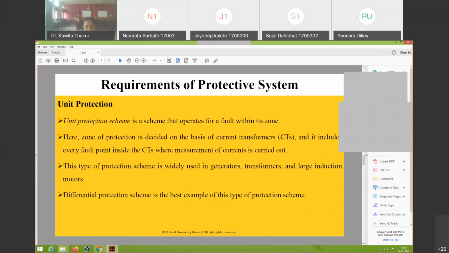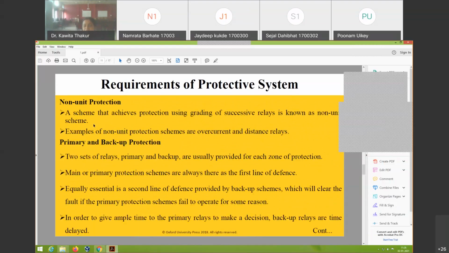Now we have seen unit protection and non-unit protection. So can you tell me which relay comes under unit protection? Anyone can reply in the chat box.